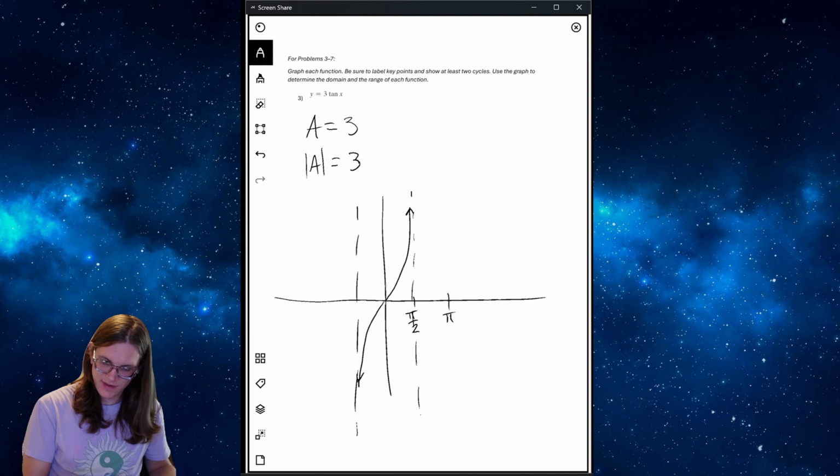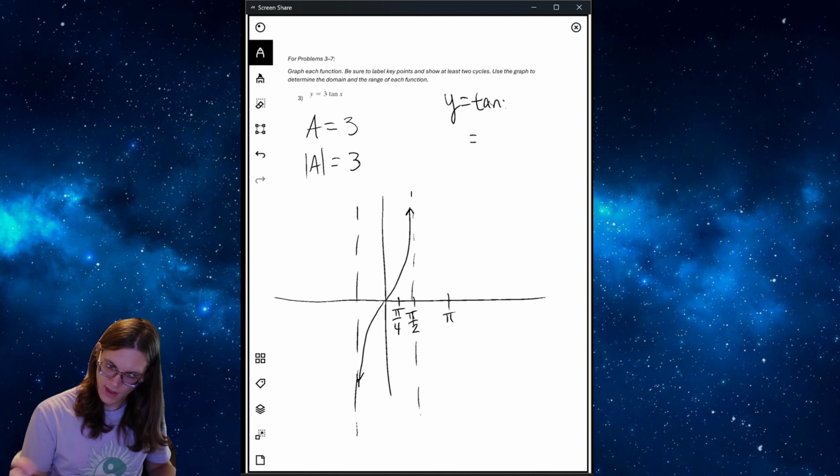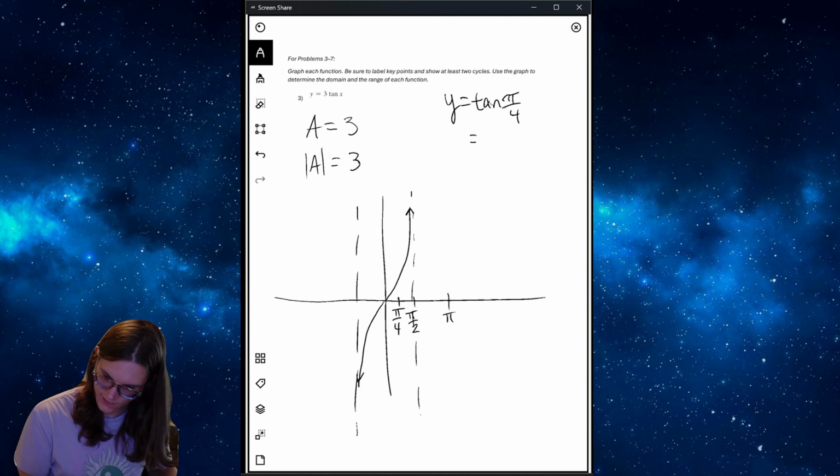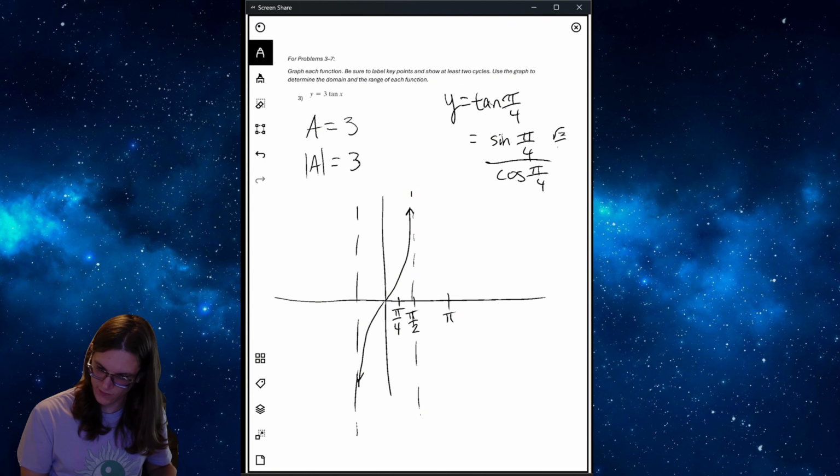But I'm not going to draw this whole thing and try to make it accurate on here. Just know that here at pi over 4, normally tangent is 1, right? Both of these are root 2 over 2, which means it's 1.